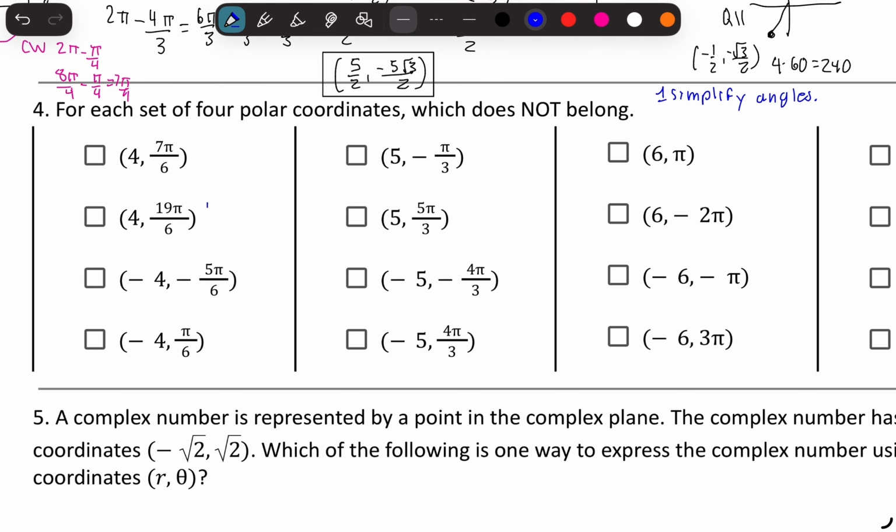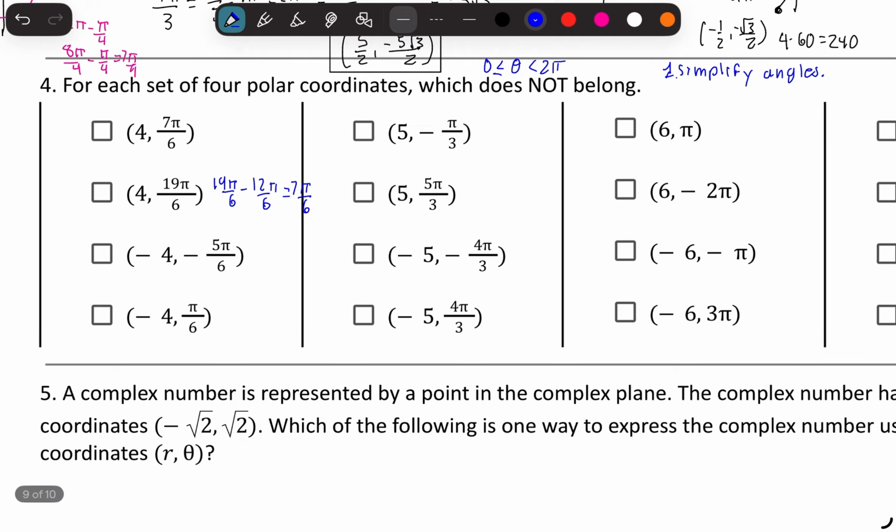So 19 pi over 6, we can subtract 2 pi by going to the next, because we want to get it inside of 0 to 2 pi. That way it's easier to manage, and you know those values on the unit circle easier. So that's 12 pi over 6, leaving 7 pi over 6.